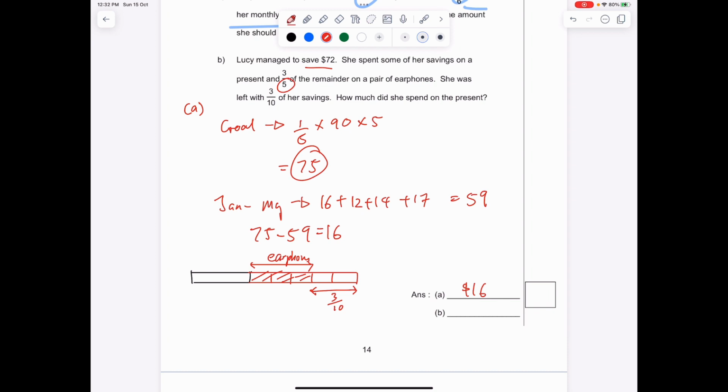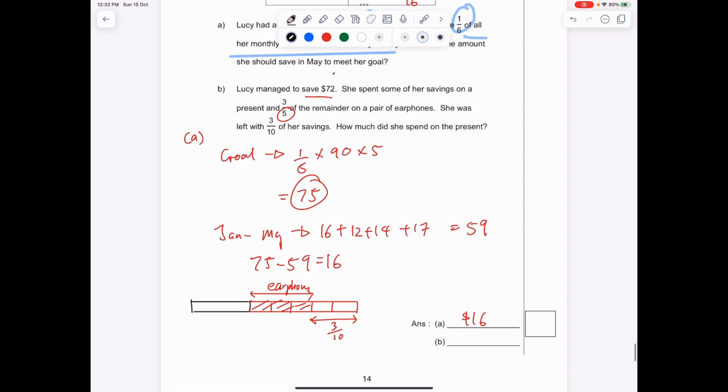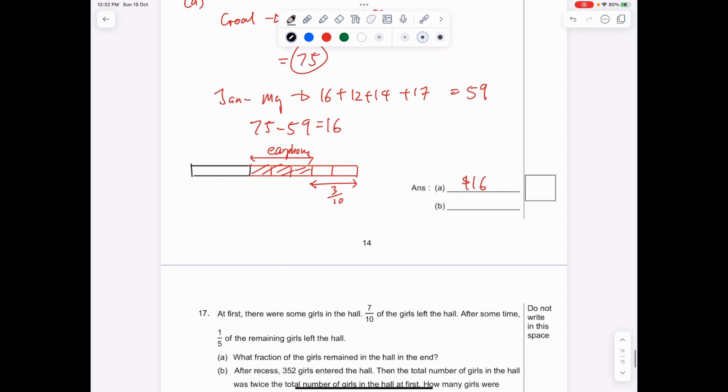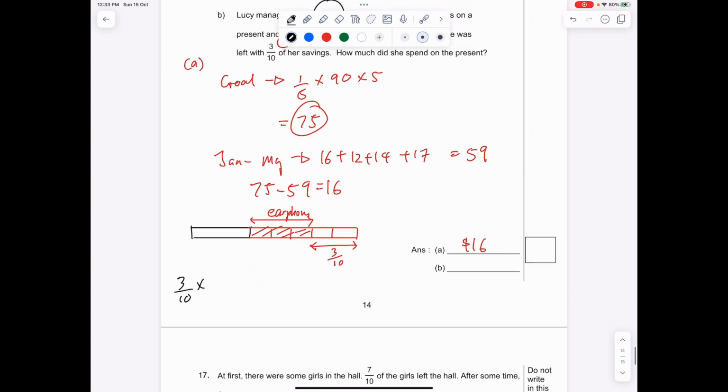Okay, so her saving was 72. So let's calculate what is the real amount in what is 3/10 of savings. So 3/10 times 72, right? Your answer would be 21.6. So you know that this is actually 21.6.